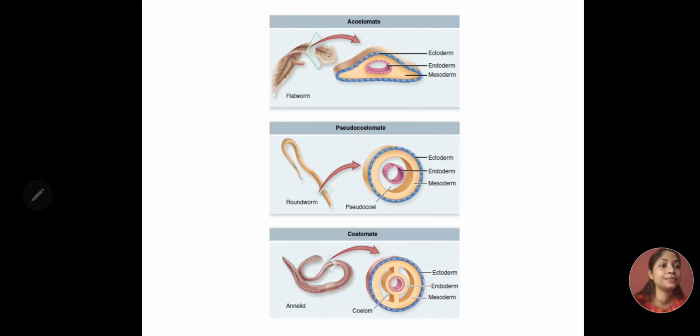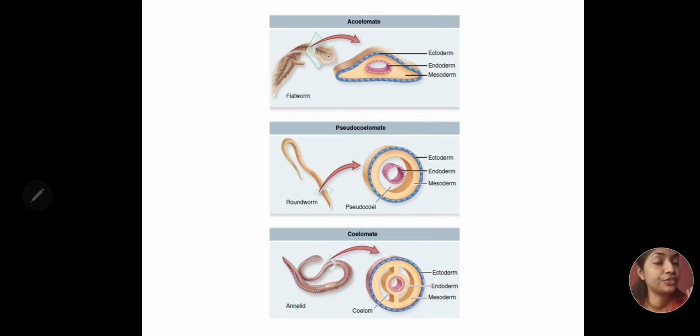In this image, I've tried to show the triploblastic condition under three different categories, that is acoelomata, pseudocoelomata, and coelomata. Let us learn about body coelom in the next session. But keeping it aside, understand coelom as the body cavity.